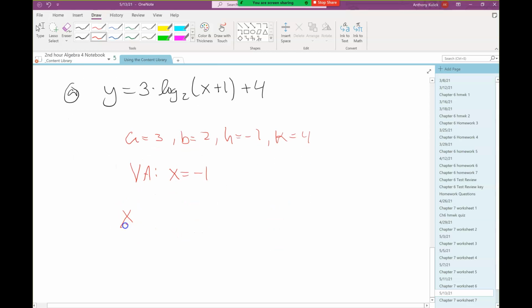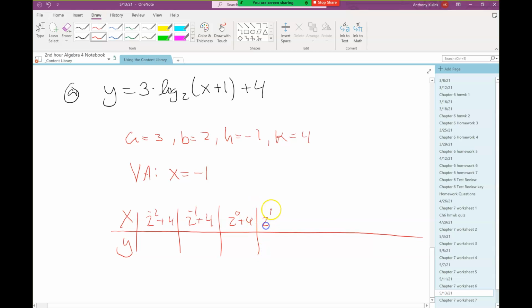And then we'll make our xy table. So I'll do b to the negative 2 plus k, b to the negative 1 plus k, b to the 0 plus k, b to the first plus k, and b to the second plus k.